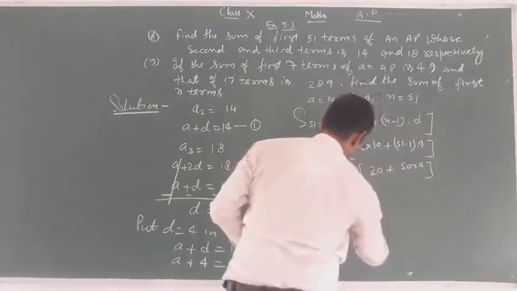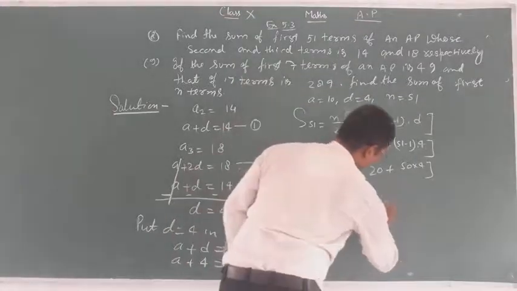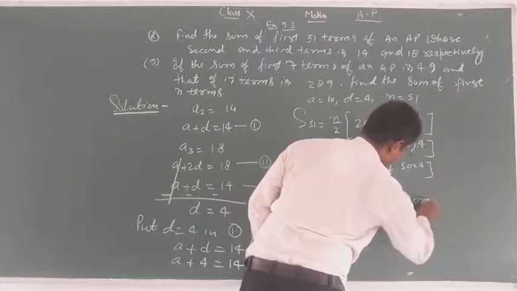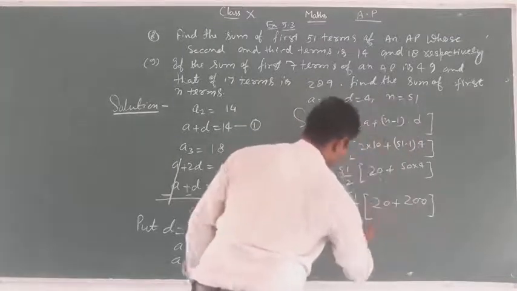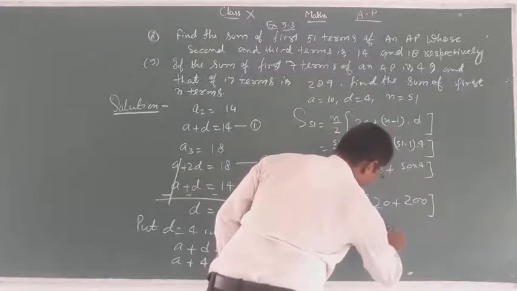So 51 upon 2 is equal to 20 plus 200. So 51 upon 2 multiplied by 220.